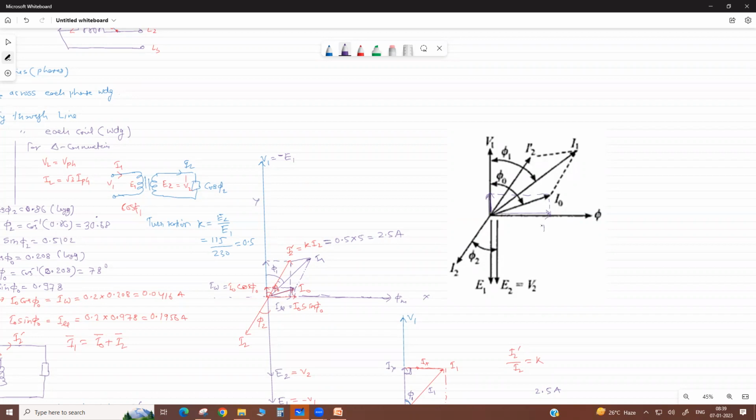So this is I mu or Im, that is the magnetizing component, I naught sine phi naught, magnetizing current. This is the loss component, I naught cos phi naught, correct? Because phi naught is the angle, cos phi naught is the no load power factor.